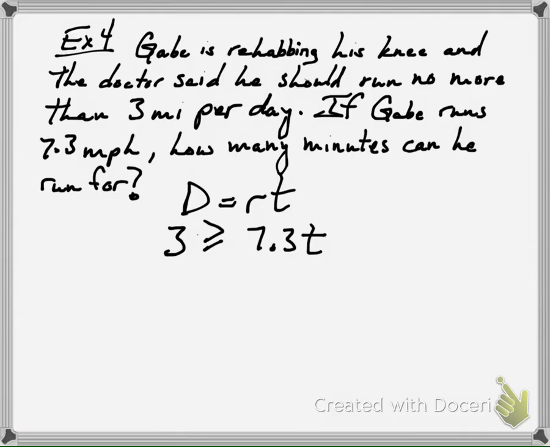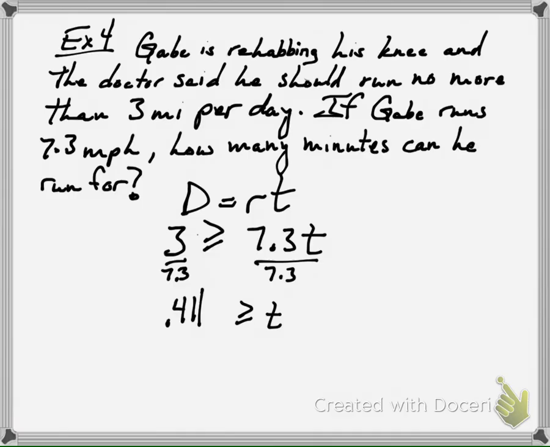Okay? So then whenever I solve this, divide by 7.3, divide by 7.3, 3 divided by 7.3 is 0.411. So that's going to be my t value.